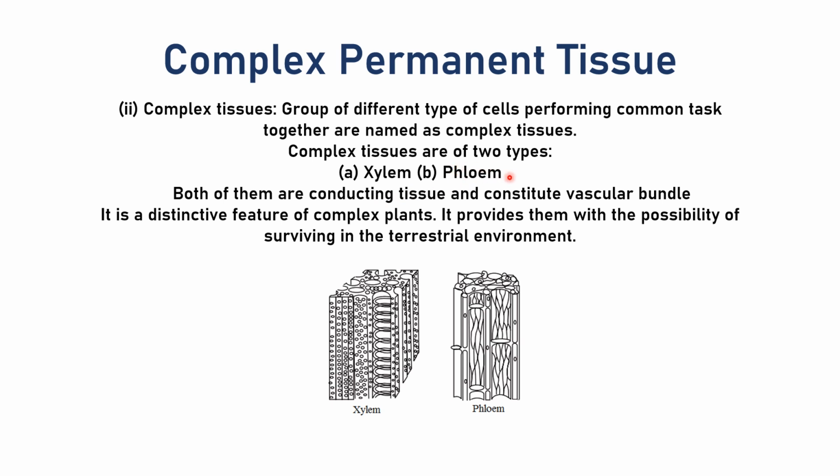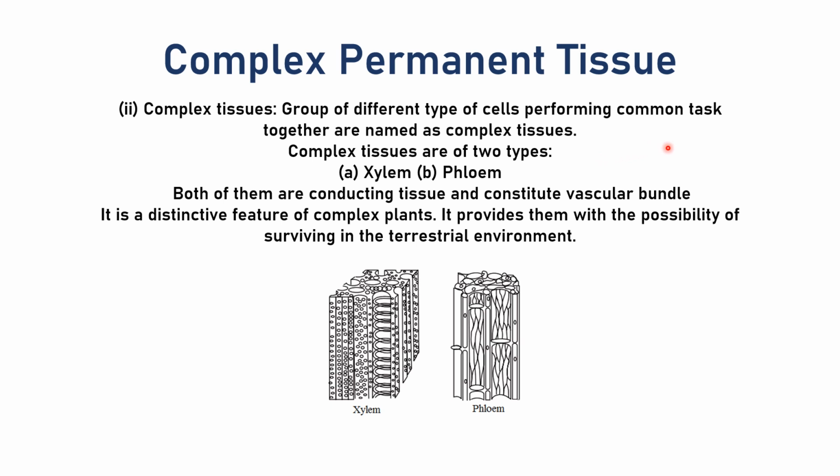And what about the phloem? Phloem is another type of complex permanent tissue which is responsible for taking food from the part where it is manufactured, synthesized. Students, that is in the green parts of plants, the green leaves, right?